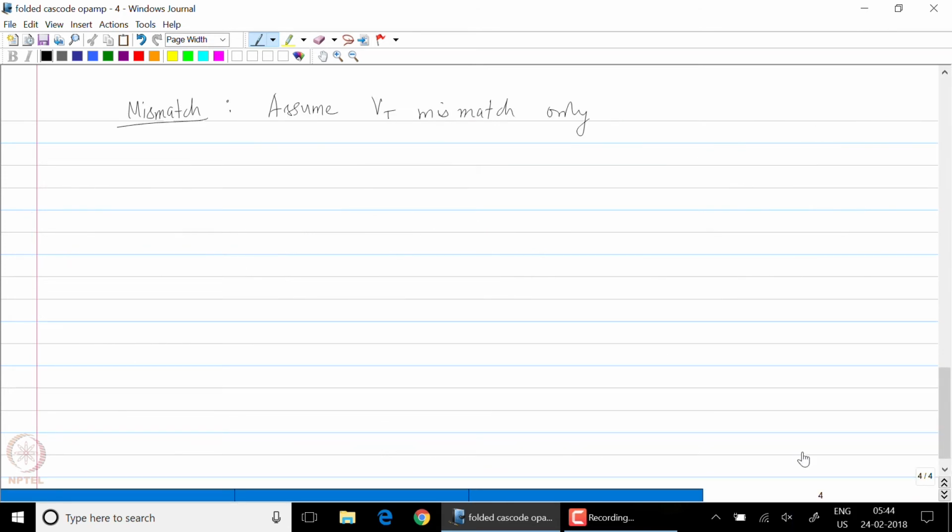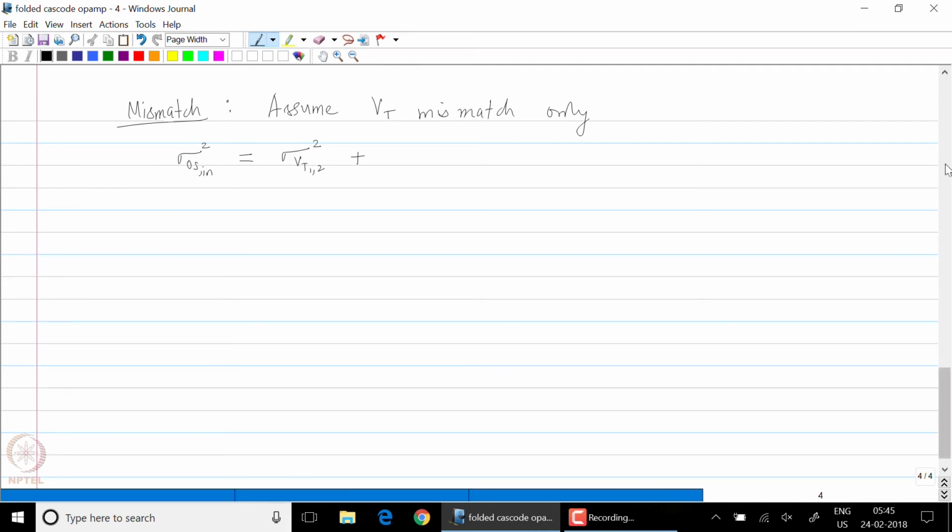So the expression for the input referred offset sigma squared OS in is going to consist of several different expressions. It would consist of the input referred offset of M1 and M2 appearing directly, and you will have two more expressions.